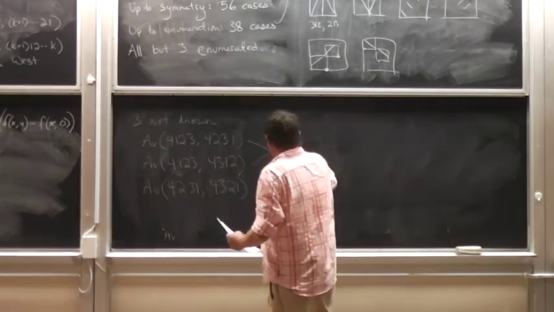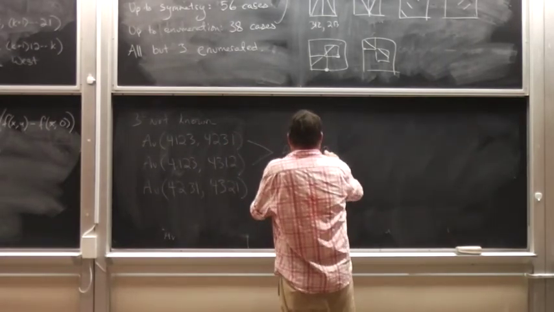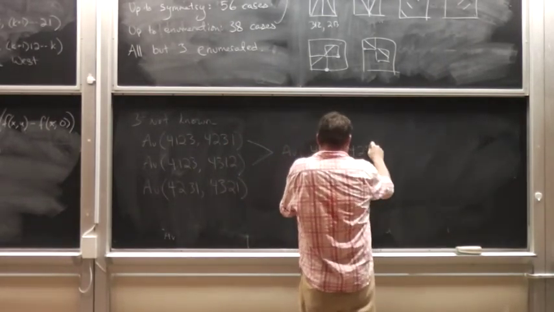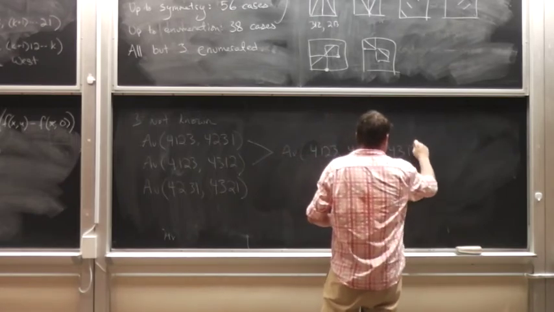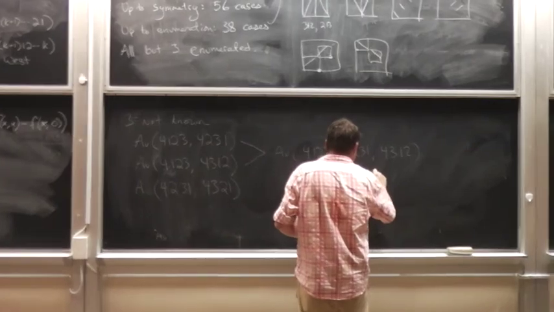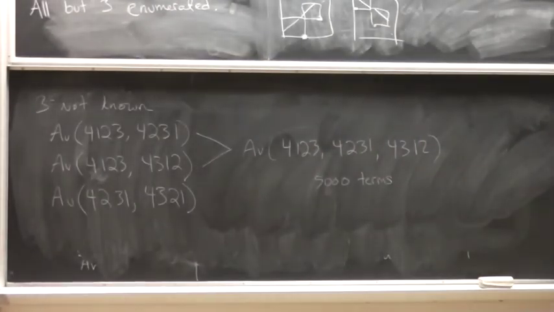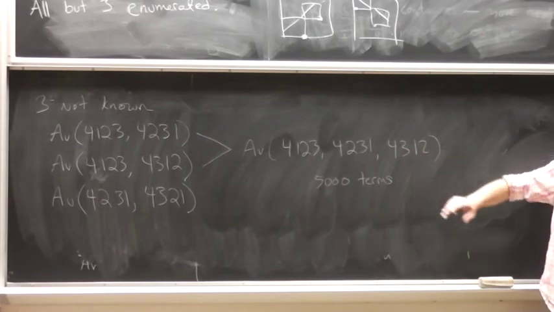The intersection of these 2, here we have 5,000 terms, and we can't guess any sort of generating function. So this is still officially open. This one is still open with 5,000 terms.